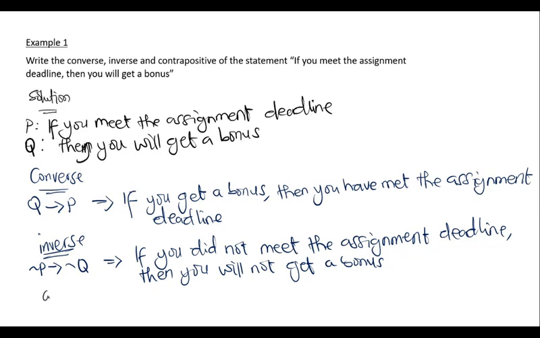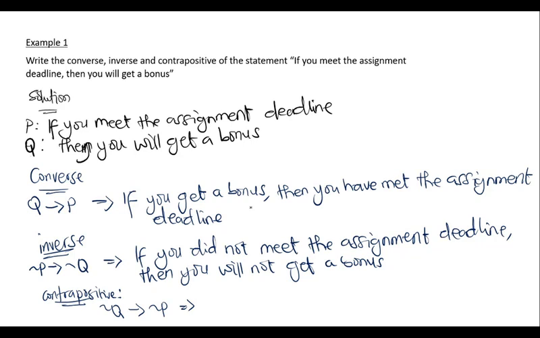All right, let's write the contrapositive. Now the contrapositive is the negation of the inverse, of the converse. So we have what? Negation of Q implies negation of P. So the contrapositive will be, if you do not get a bonus, then you will not have met the assignment deadline.